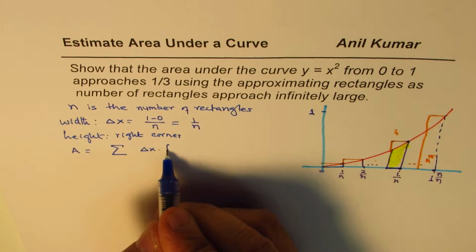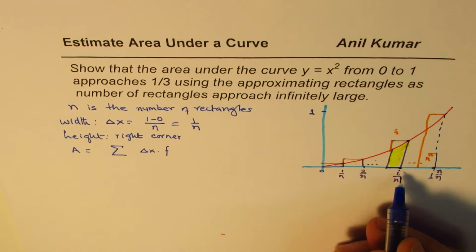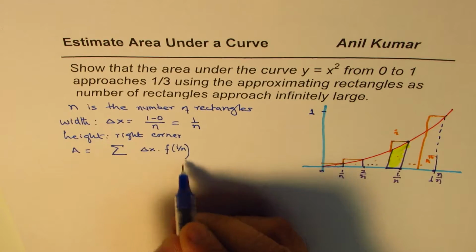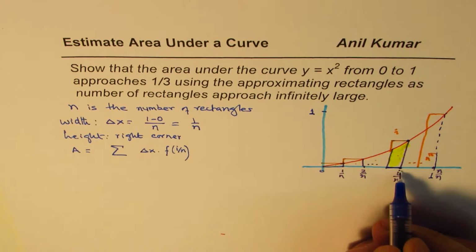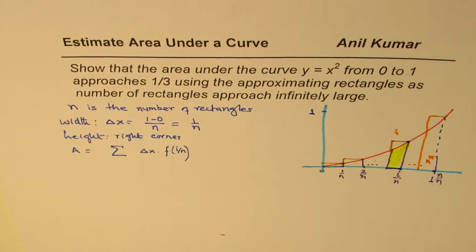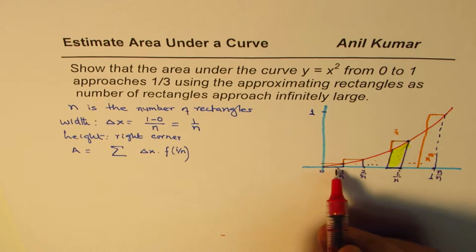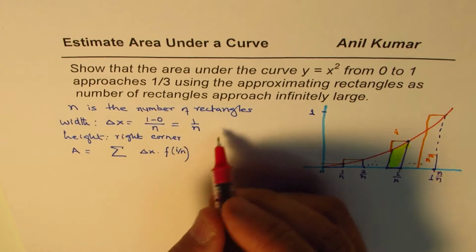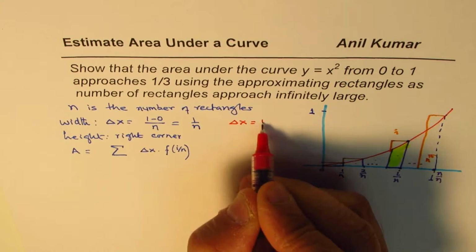The height is the value of the function at this point, which is i over n. So the ith one will be at an x value of i over n. Now what we know here is that since we have divided the space into n equal parts, delta x is equal to 1 over n.